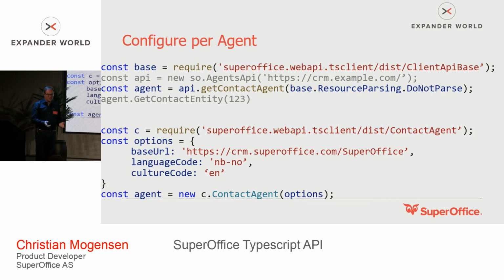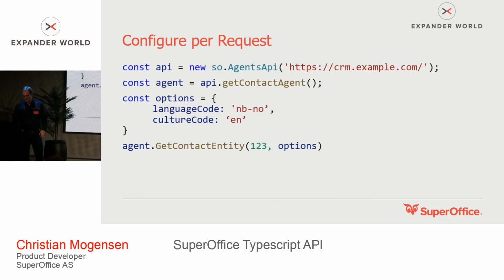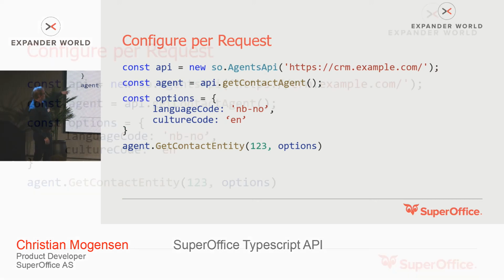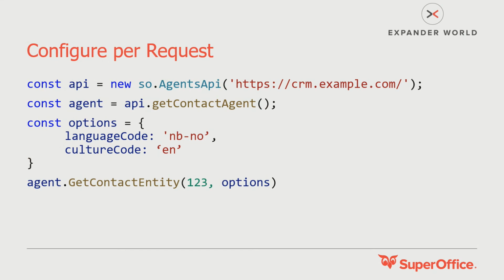You can configure these things per agent, so you don't have to use the agents API to make new agents. You could make one by yourself and tell it, do not parse strings for me, or turn this off, or please turn it on. Or you can do it per request. Normally, when you call the agents API, I don't do language translations.